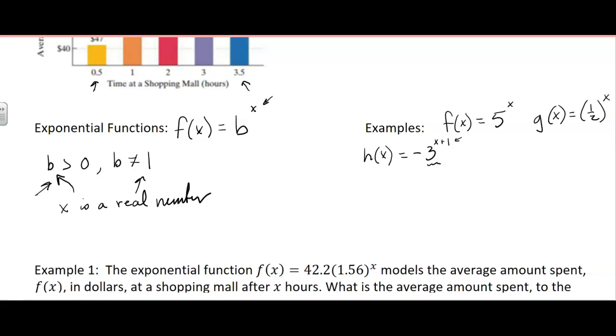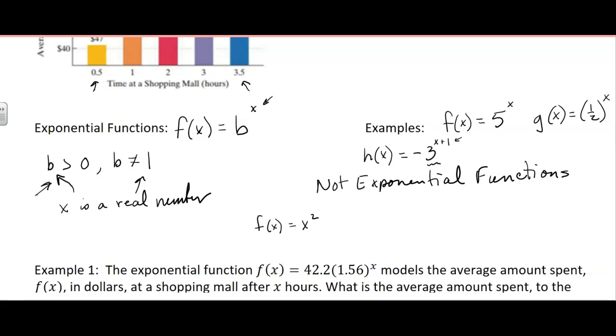Okay, so what are not examples of exponential functions? We've had functions like f of x equals x squared. That's not exponential. The variable's not in the exponent, it's in the base.